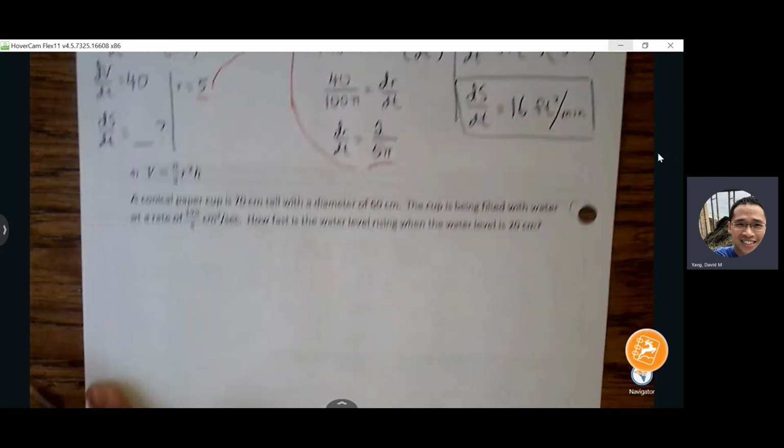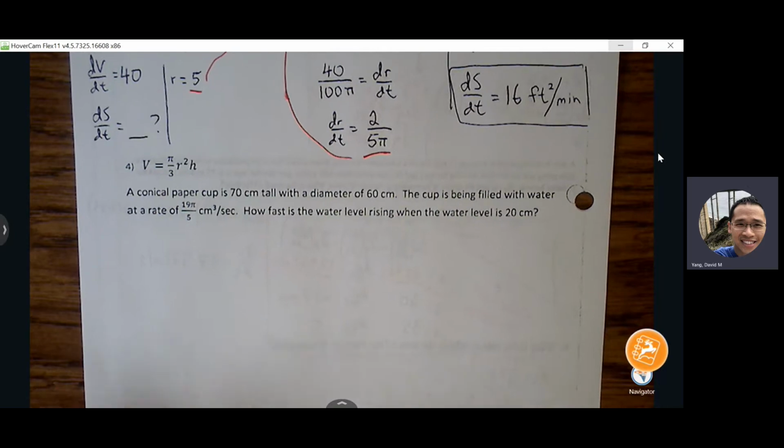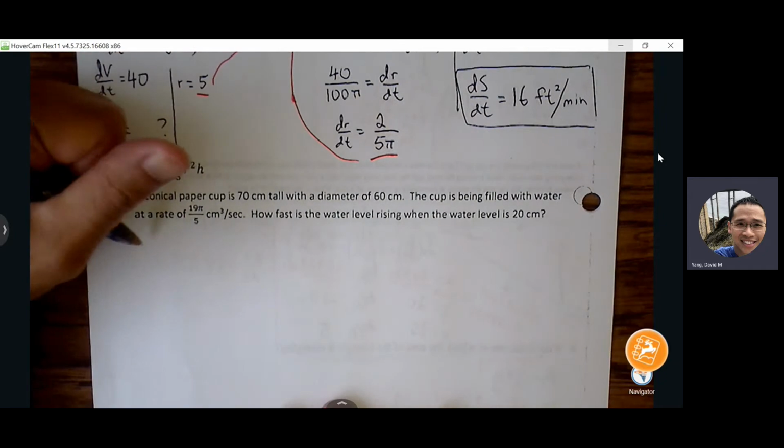Okay, one last one here. This is a cone problem. So we know we gotta work with similar triangles here.